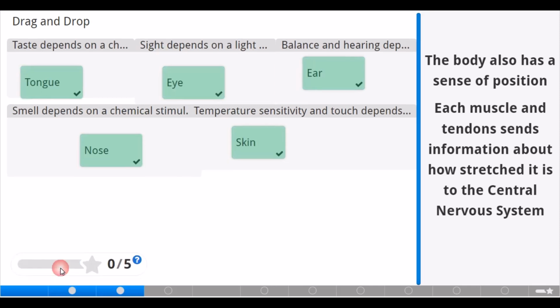So let's check. We got all of that correct. We also have that the body has a sense of position. Each muscle and tendon sends information about how stretched it is to the central nervous system.